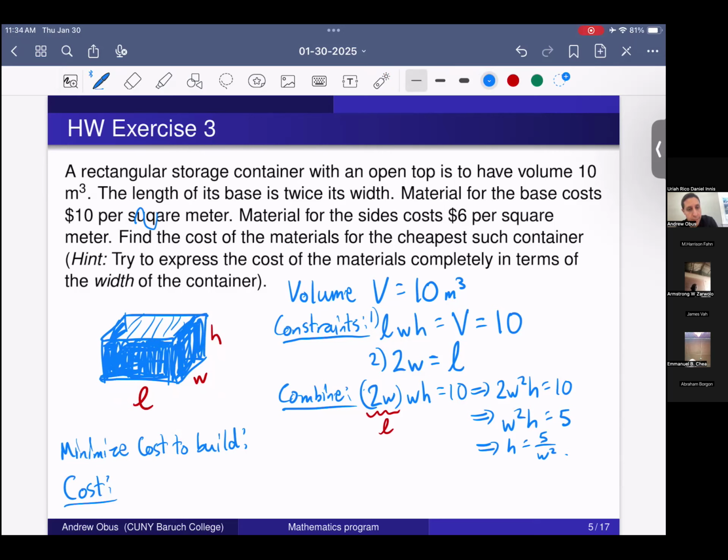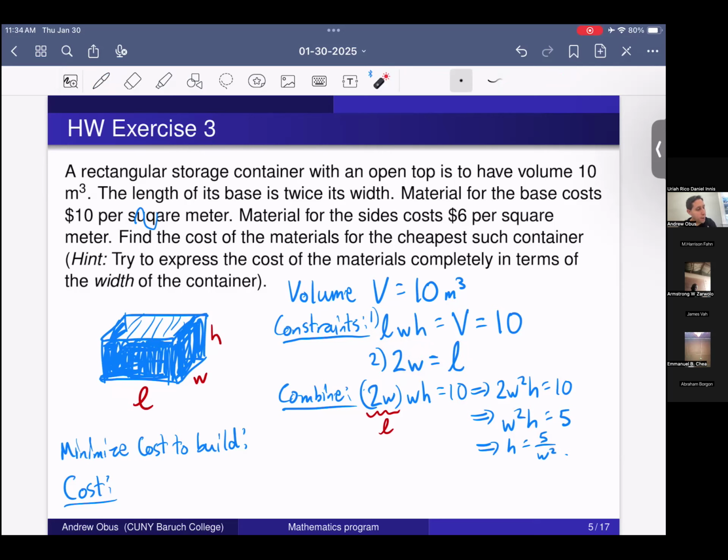We don't need any derivatives yet. First, we're just modeling. There are no derivatives yet, right? I'm just trying to ask what is the function for the cost. We already wrote 2W equals L and H equals 5 over W squared, so we've solved for everything in terms of the width.